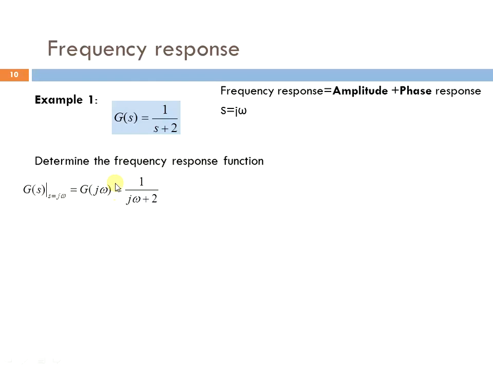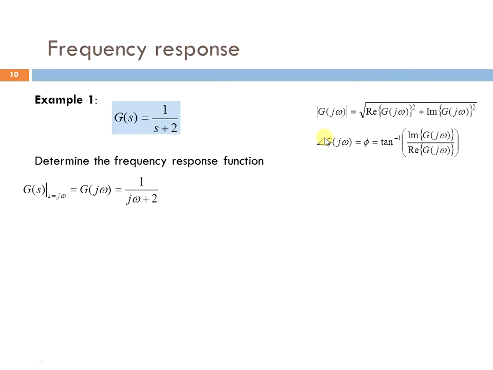Now the transfer function that we have here, in order for us to be able to determine the amplitude and the phase, we need to split it into the imaginary component and the real component according to the formula for the magnitude and the phase.